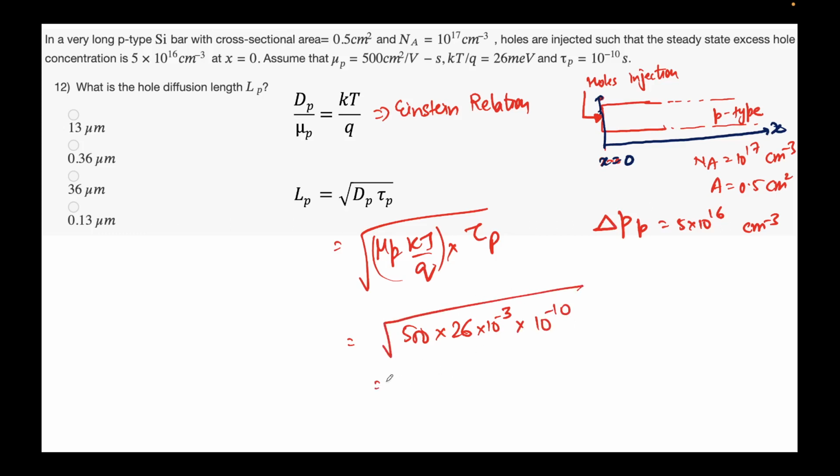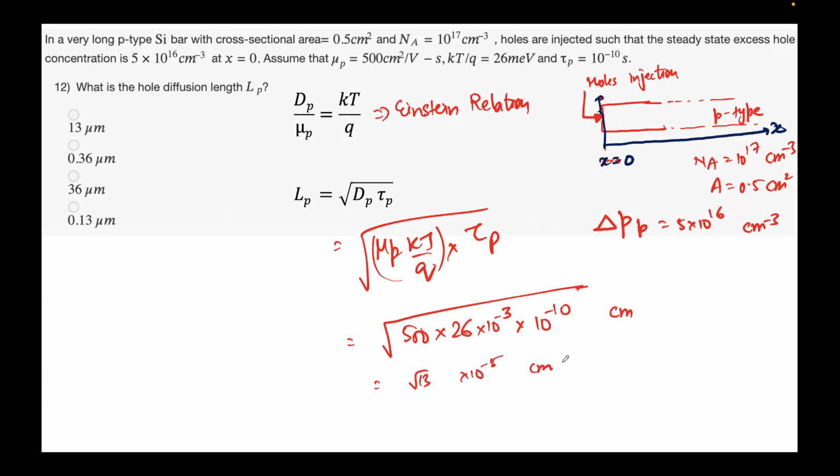All right, I'll just get my calculator. So this will be 500 times 26, that's 13,000. The units are in centimeters because mu is in centimeter square, and that's the only centimeter term we have here. So this is coming out to be 13 square root of 13 into 10 to the power 5 centimeters.